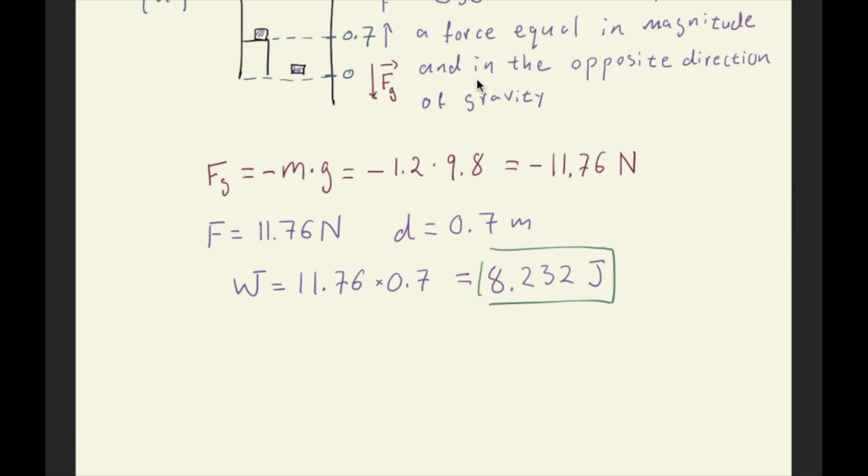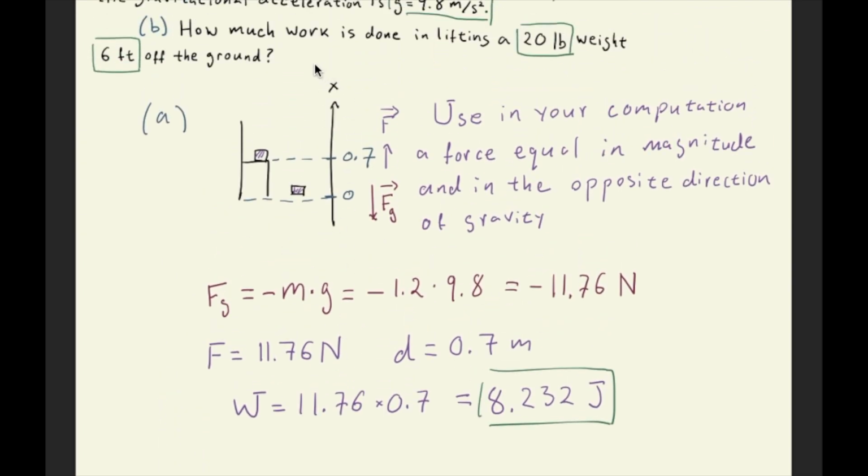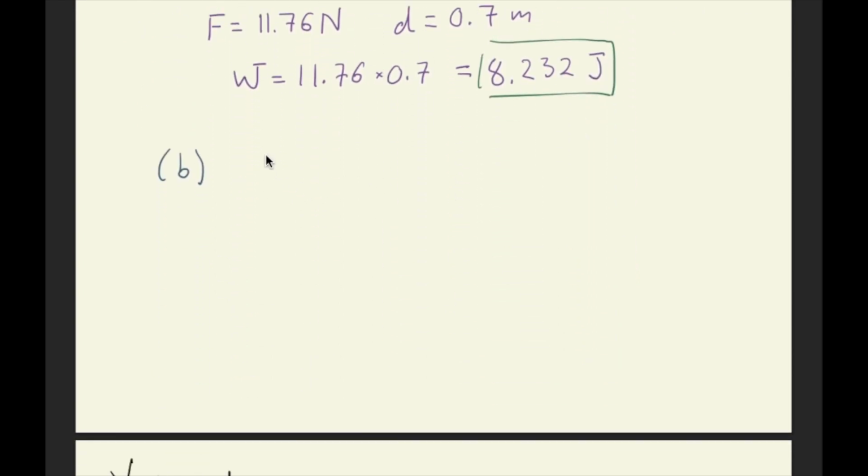Now let's do part B, right? So part B, it's a very similar problem. You want to lift a 20-pound weight 6 feet off the ground. So again, you can just draw your coordinate system like this, where x equals 0 is the floor. You have some weight, I guess I'm going to draw it like this, some weight.